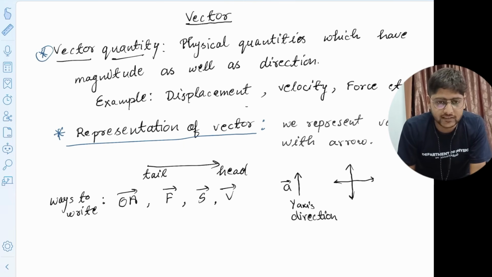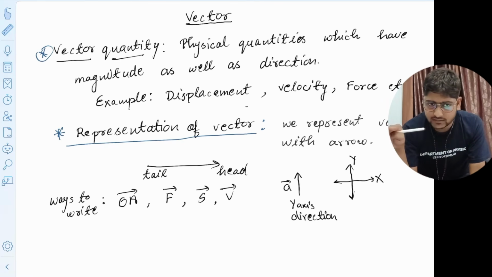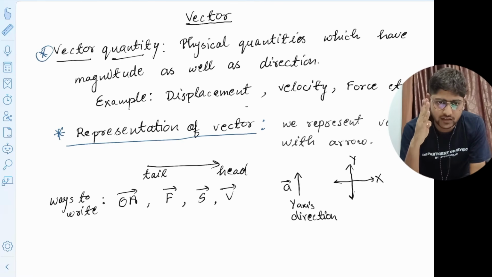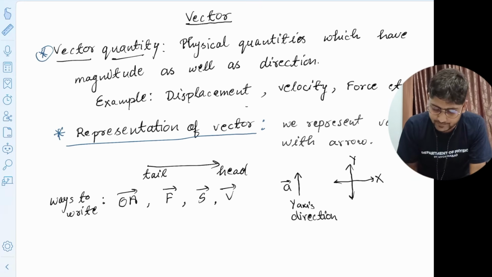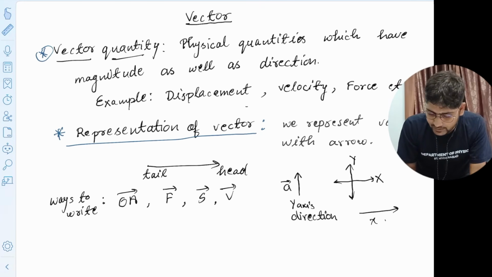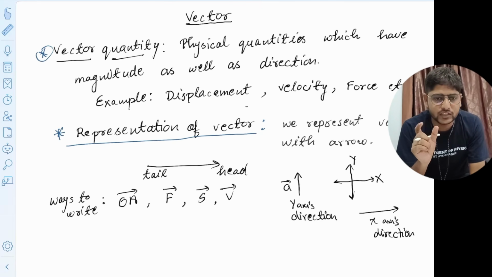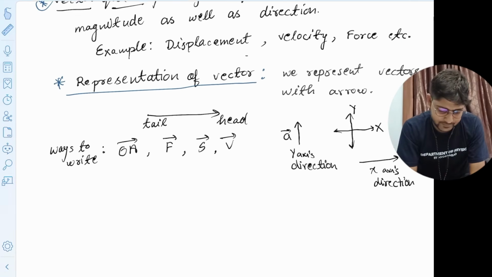Same way we have the x-axis also. The x-axis is the horizontal line, the y-axis is the vertical line. If I make an arrow like this, this says x-axis direction. So we represent vectors with the arrow sign. That is clear.